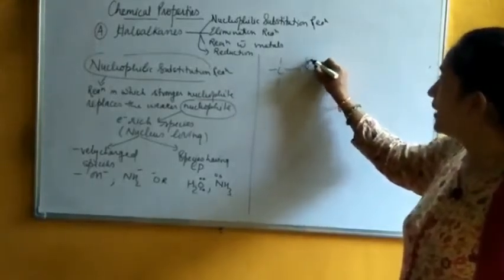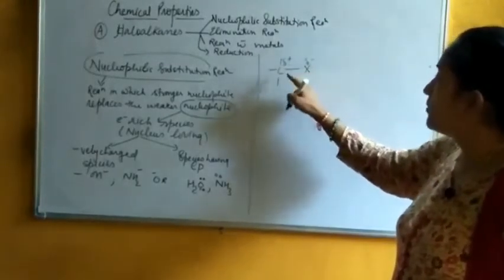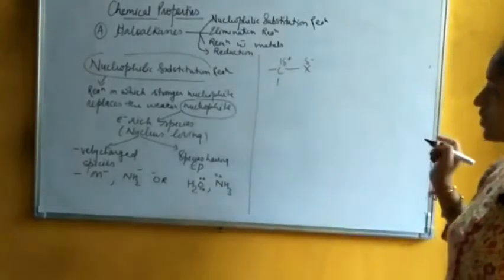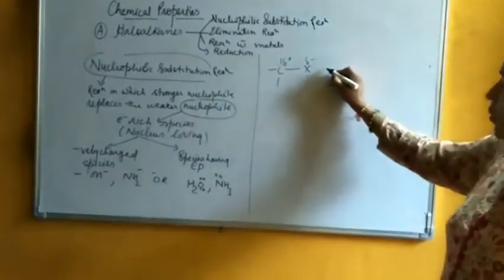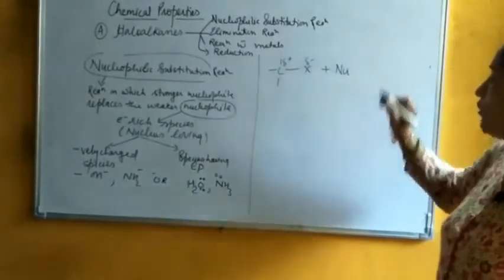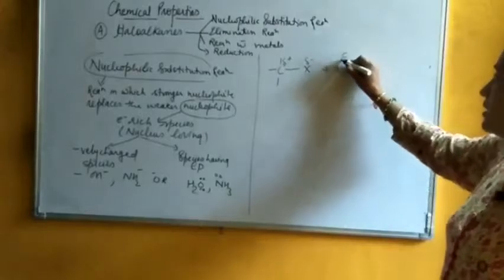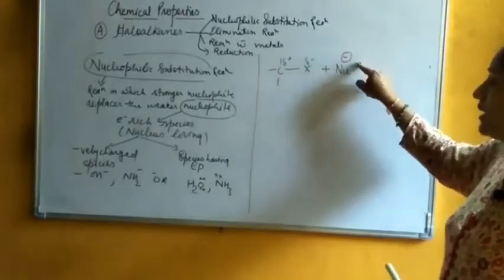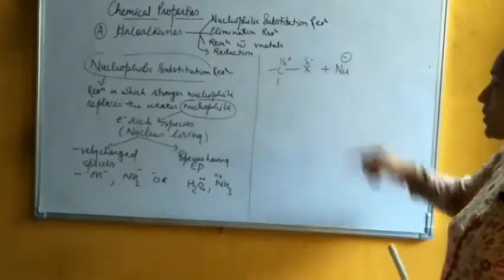You know that in the polar C-X bond, this is partial positive charge and this is partial negative charge. So when a nucleophile, which we denote as Nu negative, appears, the negative sign shows that it is a negatively charged species.